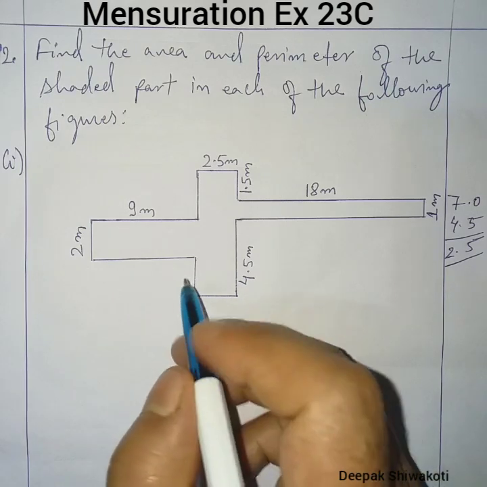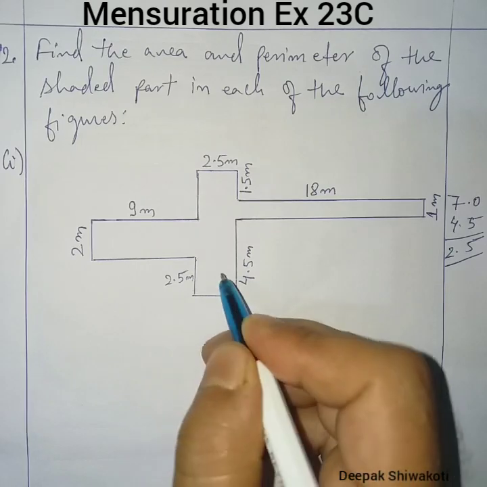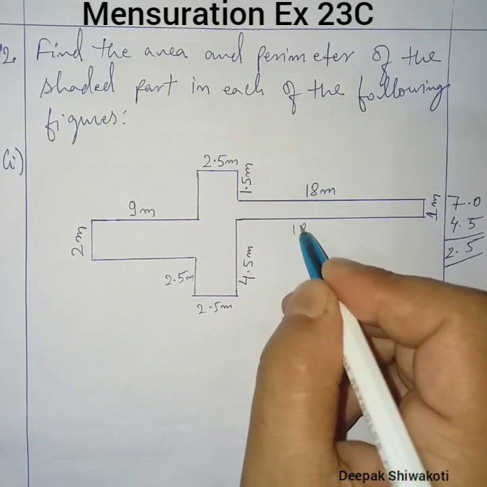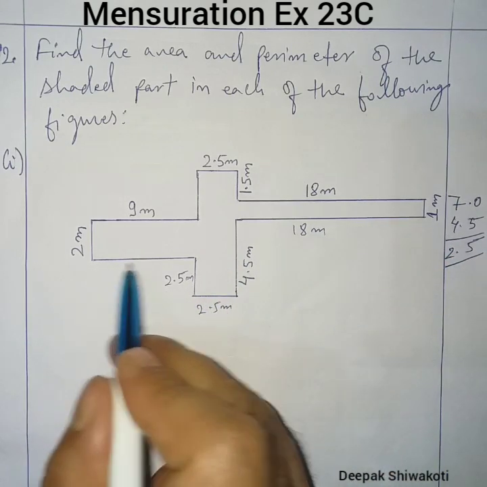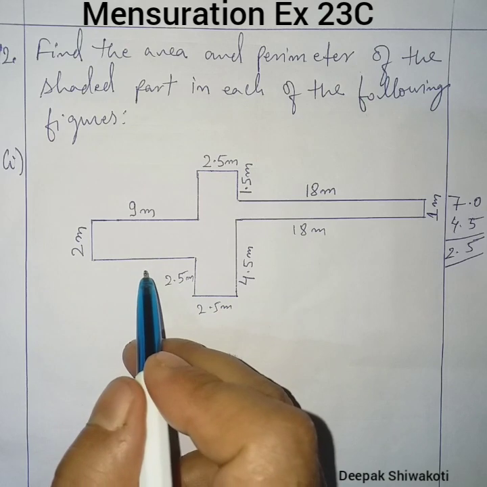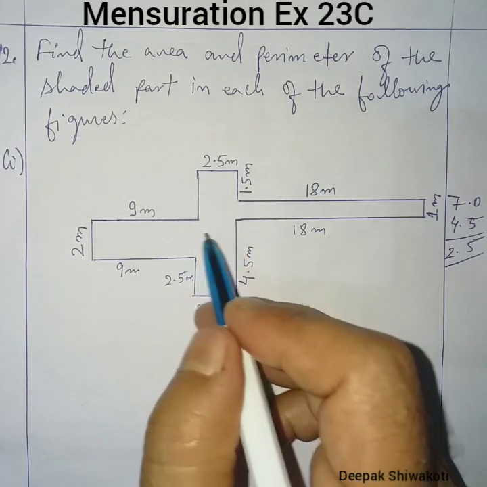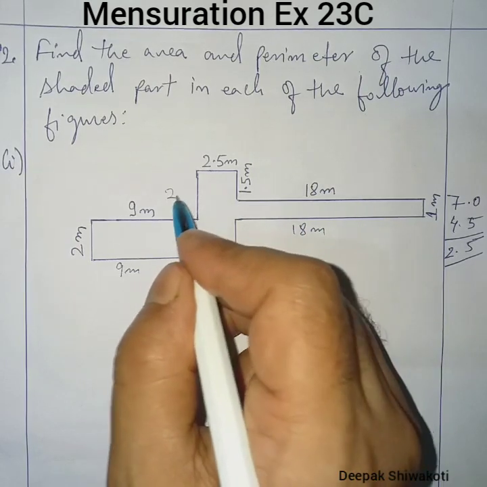We can write also this is 2.5 meter, this is also 2.5 meter, this one is 18 meter. Okay, and this is 9 meter, opposite to this 9 meter. From here to here we got 1 plus 1.5, that is 2.5 here.